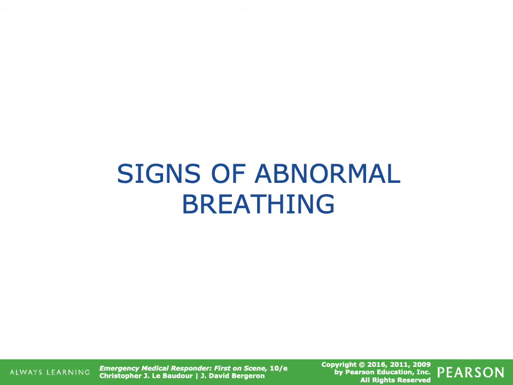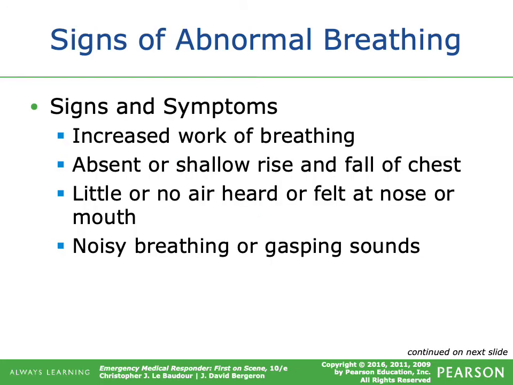Signs of abnormal breathing: increased work of breathing, absent or shallow rise and fall of the chest, little or no air heard or felt at the nose or the mouth, noisy breathing or gaspy sounds.